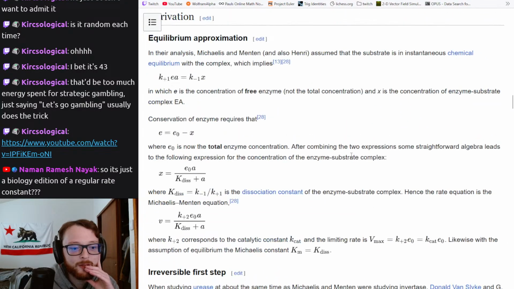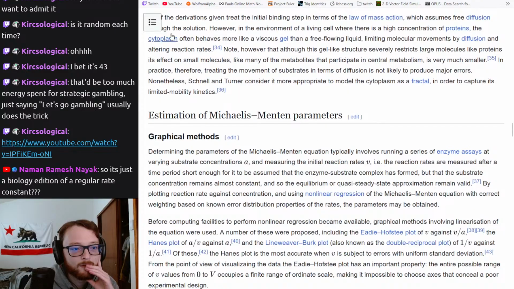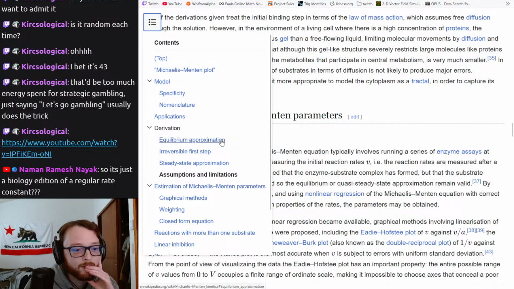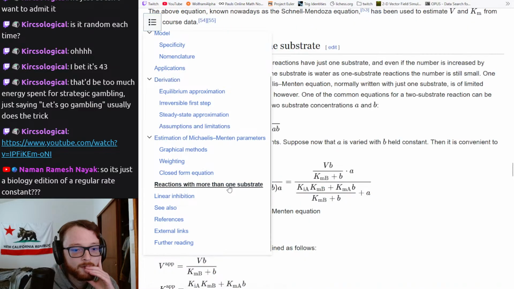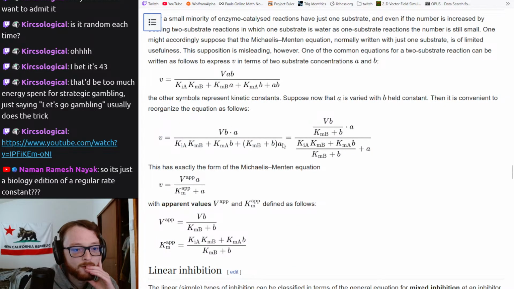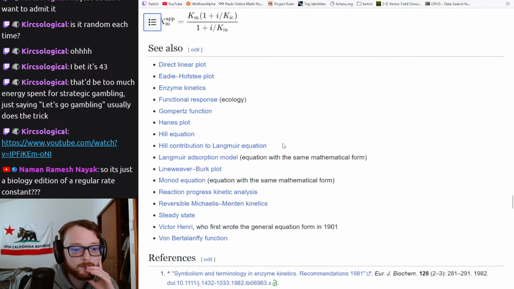Do they go into systems of these equations? I guess not.